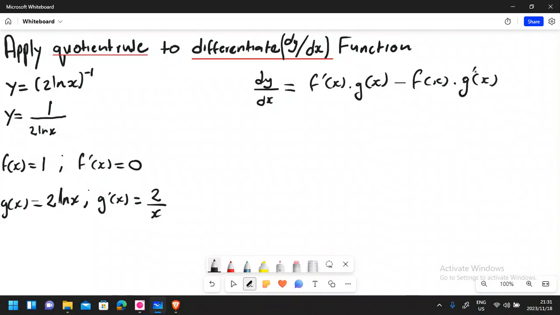Remember, prime means derivative guys. When you see prime, it just means derivative. Now this is going to be divided by g of x squared.